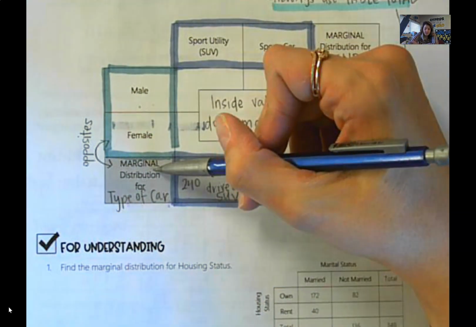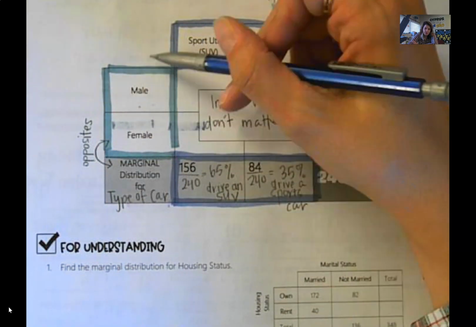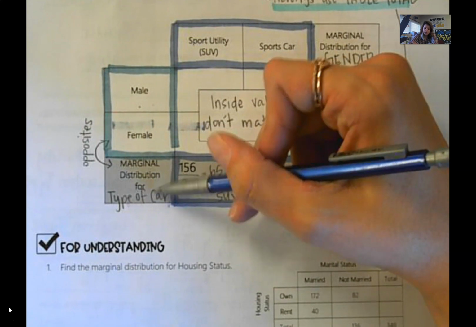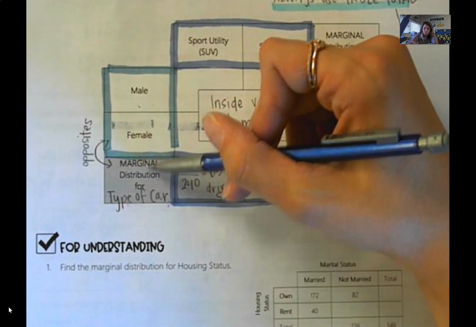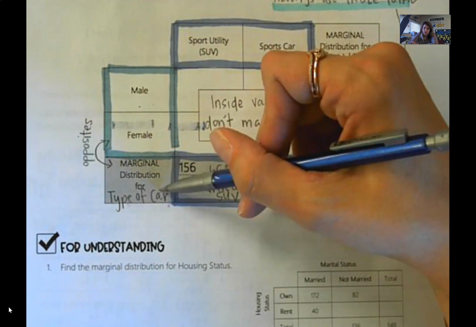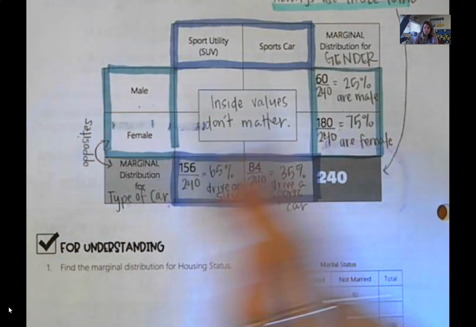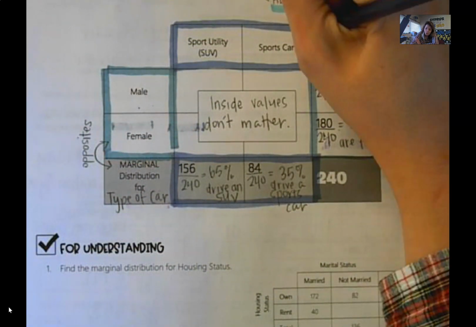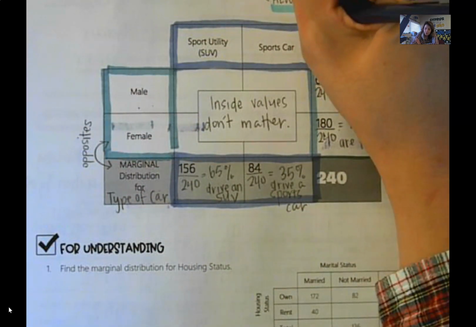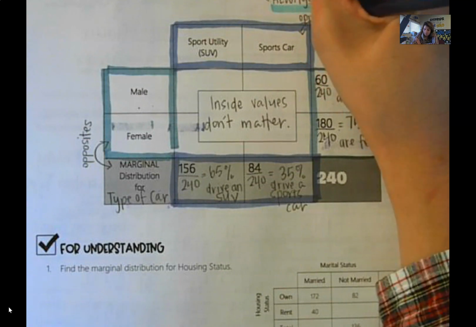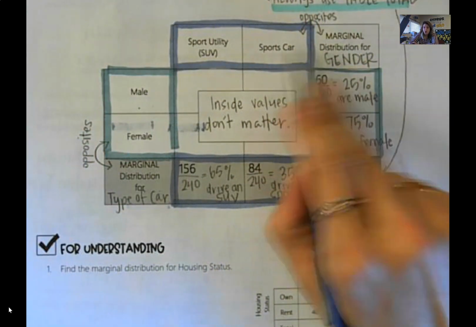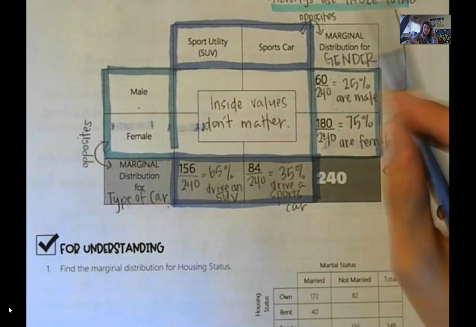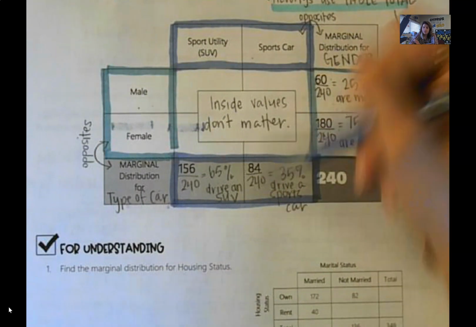This is the column for gender, but when you go to do your marginal distribution, this does not say marginal distribution for gender, because all of the data is across from each other. So in the table, when you find your marginal distributions, they're opposite from the variable that they're next to. And the reason is because they are across from each other.